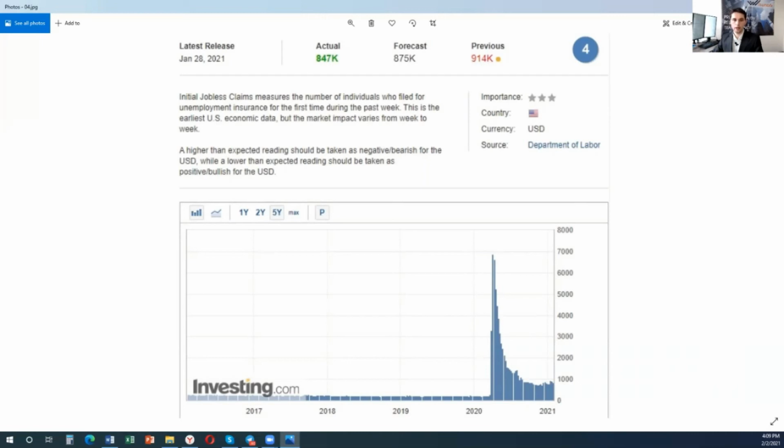And here the claims for unemployment benefit are also a leading indicator that allows you to estimate what the next report of the unemployment rate will be.